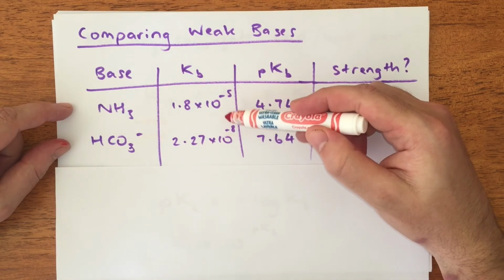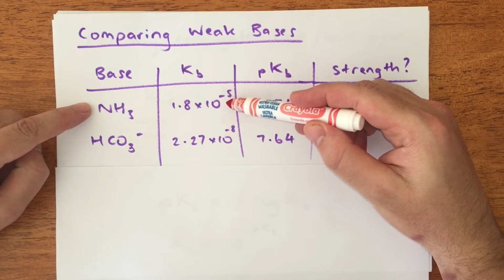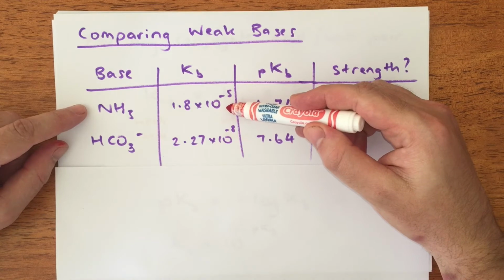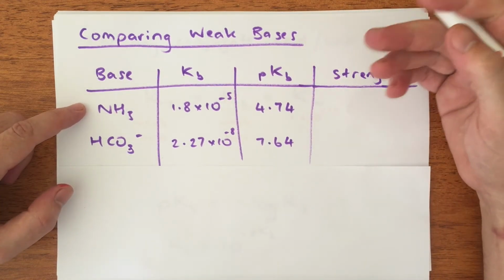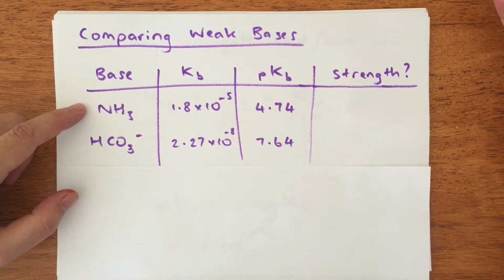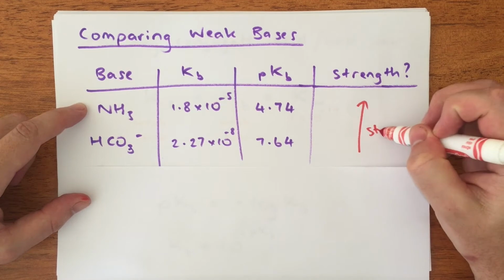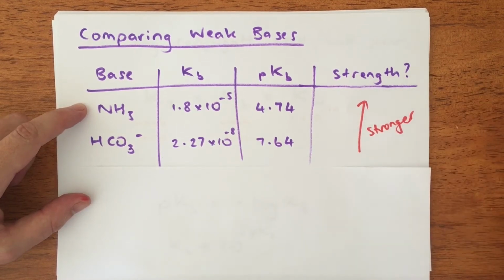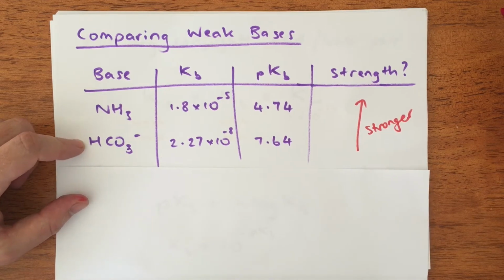The bigger of those two values is 1.8 times 10 to the minus 5. That indicates that NH3 has an equilibrium that will go further to the product side. Therefore, NH3 is going to be my stronger weak base. It is going to dissociate further into ions than HCO3 minus would.